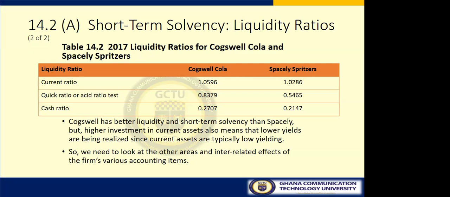What about the quick ratio, the acid test, of 0.8379 for Cobweb Cola, and that of Spritzers 0.5465?